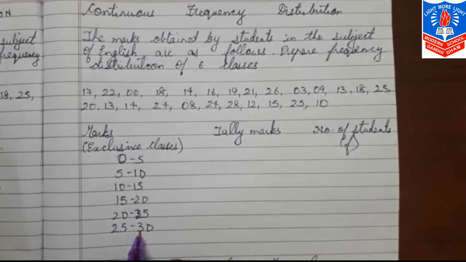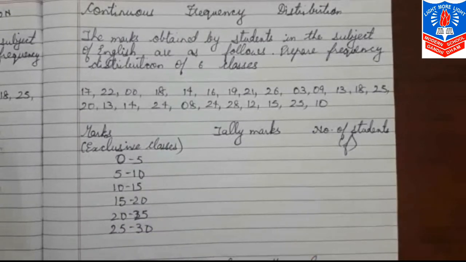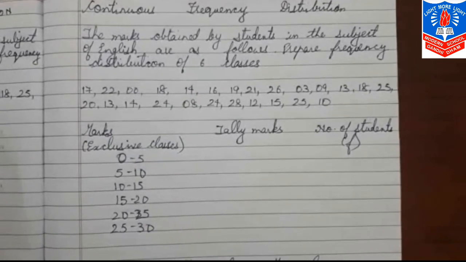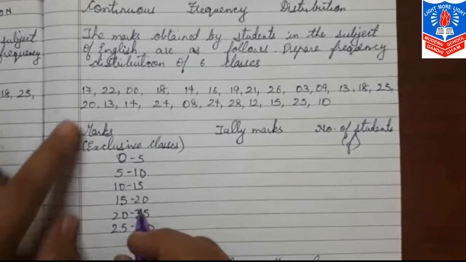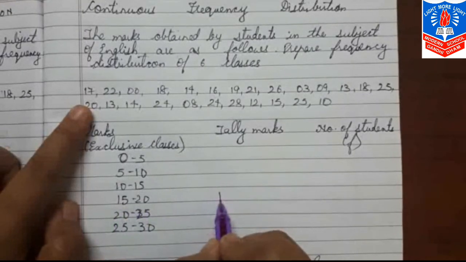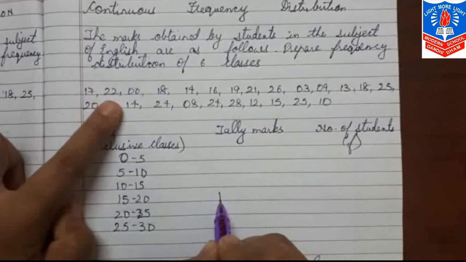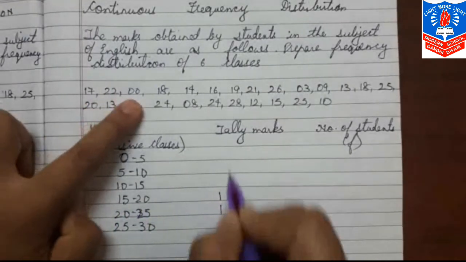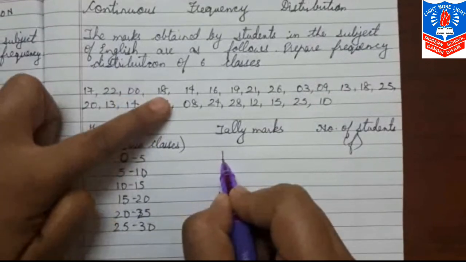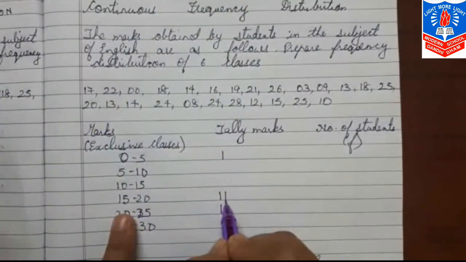Now I start with the tally marks. Students, our very first number is 17. So 17 will come over here. Then it is 22. Then 18. 18 I'll mark over here.